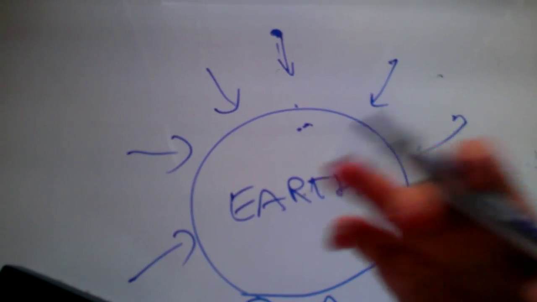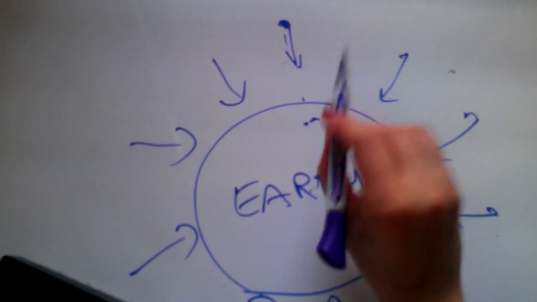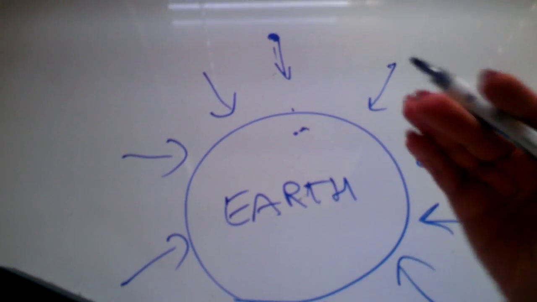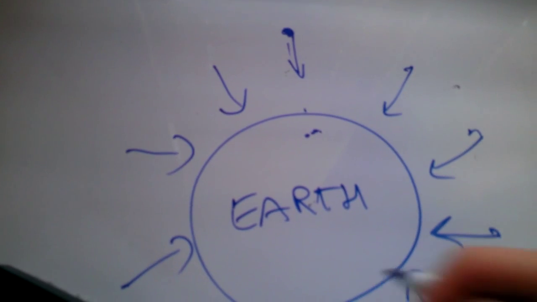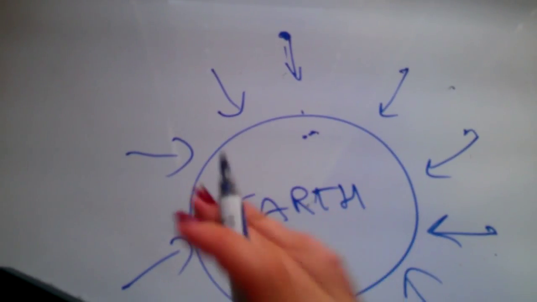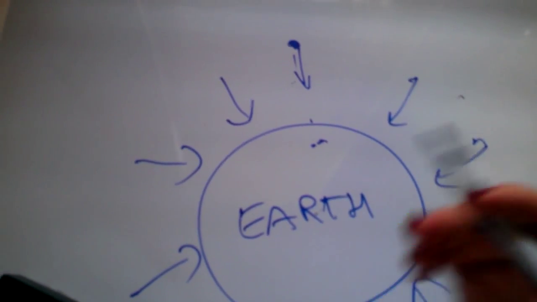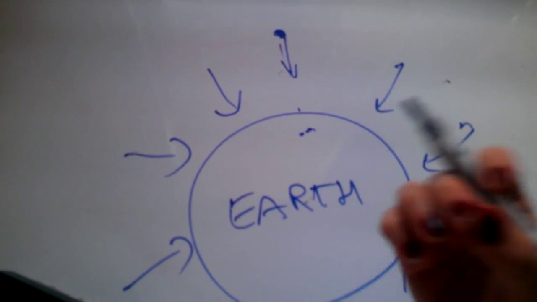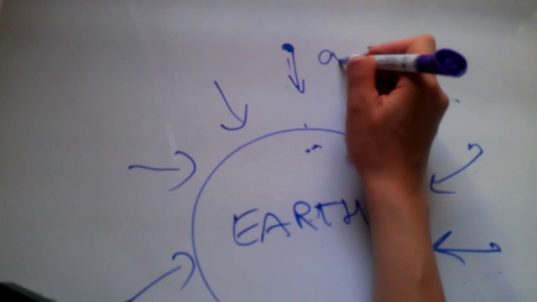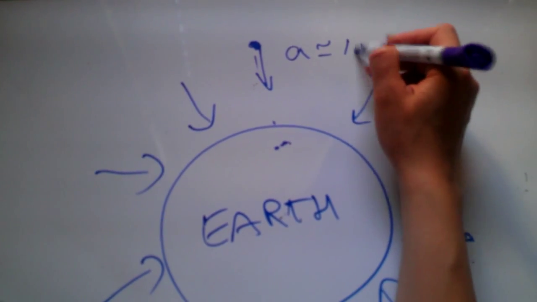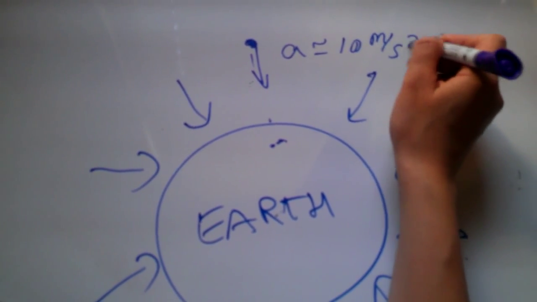This means that the velocity of the falling object is changing, which means that it is accelerating, because acceleration always is directed to change in speed. So due to Earth, we have an acceleration of roughly 10 meters per second squared.